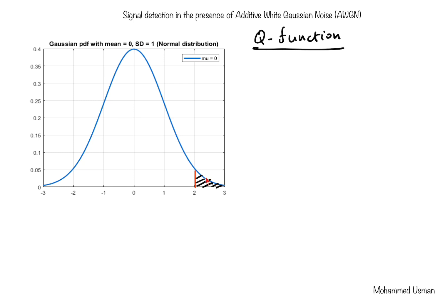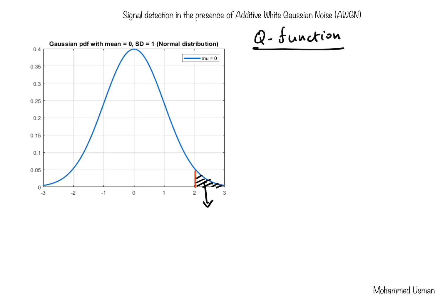And by the way, this Gaussian PDF extends till infinity. It becomes smaller and smaller and smaller, but it never becomes 0 until it reaches infinity. So the Gaussian tail goes on till infinity. So this area here is called the Q function.